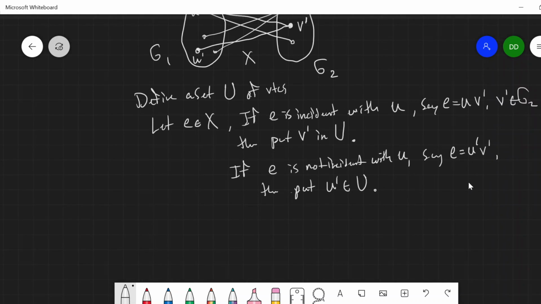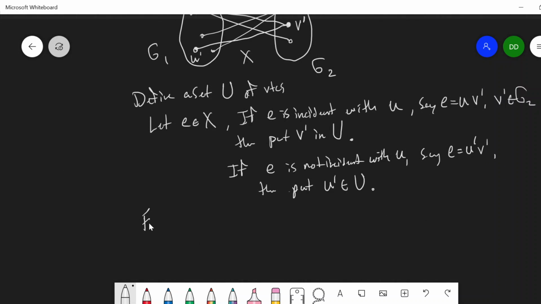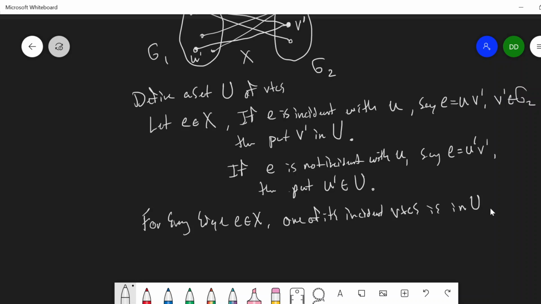And so what should be clear is that for every edge E in the edge cut, one of its incident vertices is in U. So that establishes that the cardinality of the vertex set U is at most the cardinality of the edge set, right? For every edge, I put just one vertex in there.